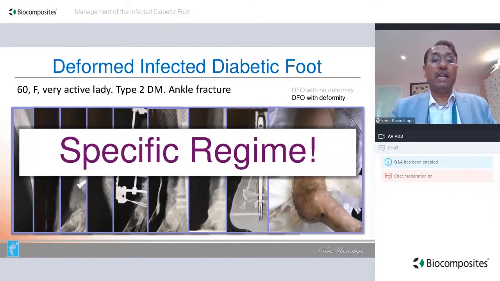Basically, in this very active lady, she developed a simple ankle fracture that was very well treated with appropriate internal fixation, but unfortunately that failed.